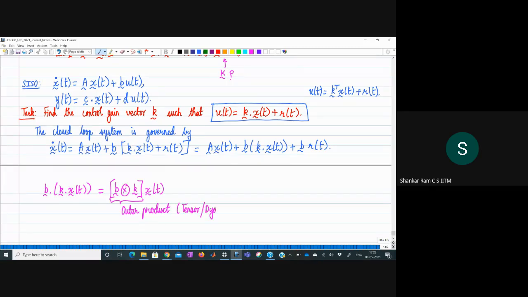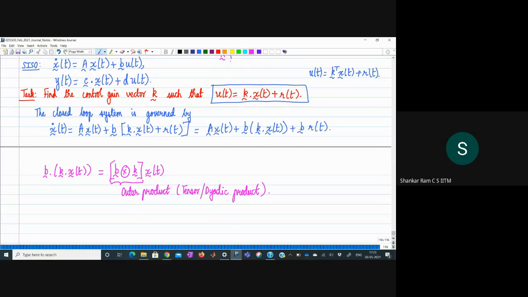Just like dot product and cross product, we have an outer product of two vectors, and the outer product of two vectors will give us a matrix. So B outer product K is a matrix, but how do we compute it?